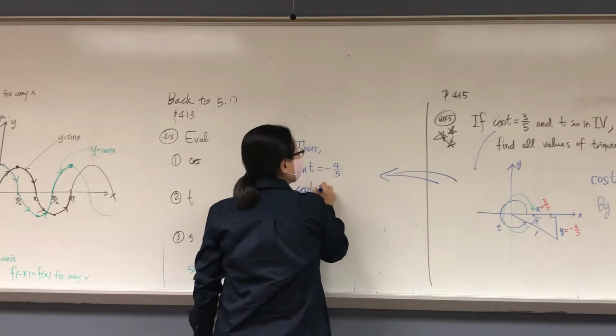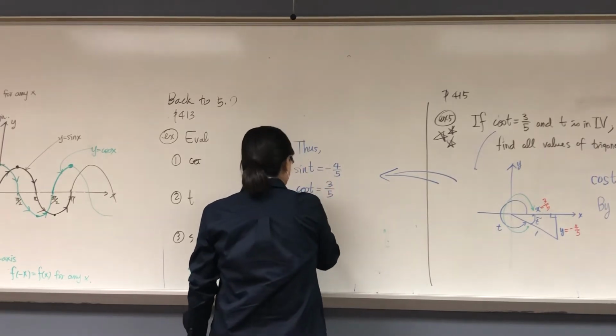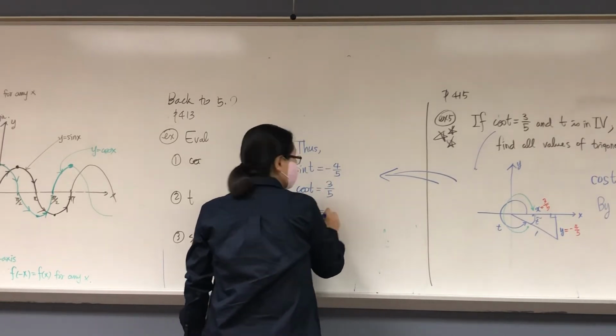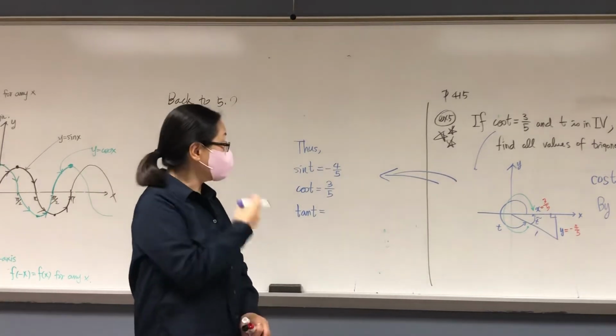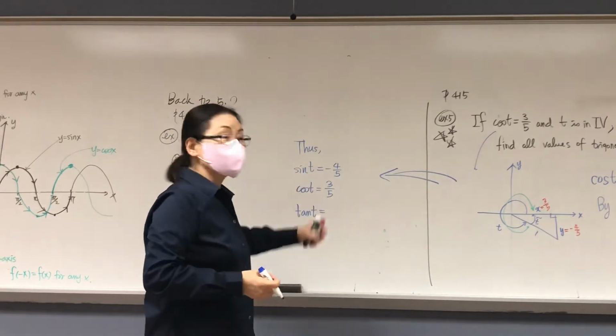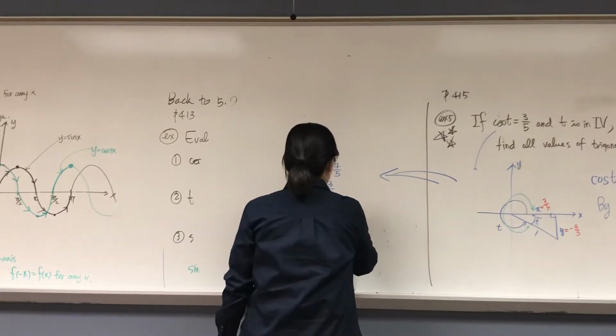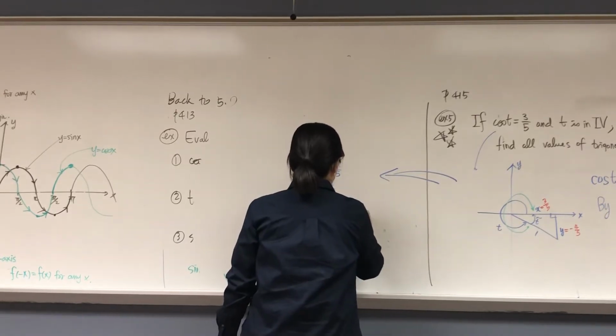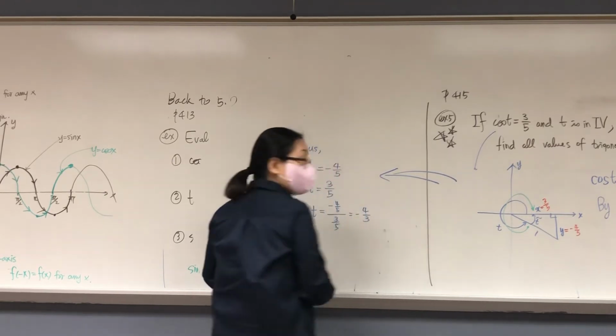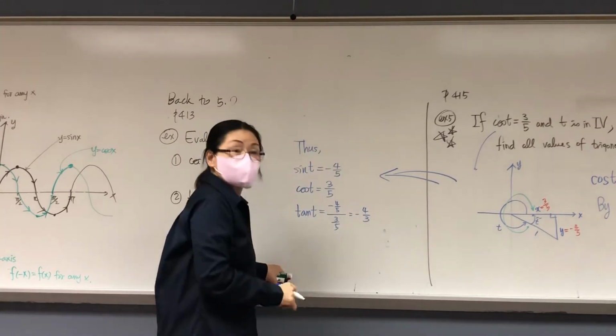Cosine t is already given. What is tangent t? Sine over cosine, right? So negative 4 over 3. Am I right?